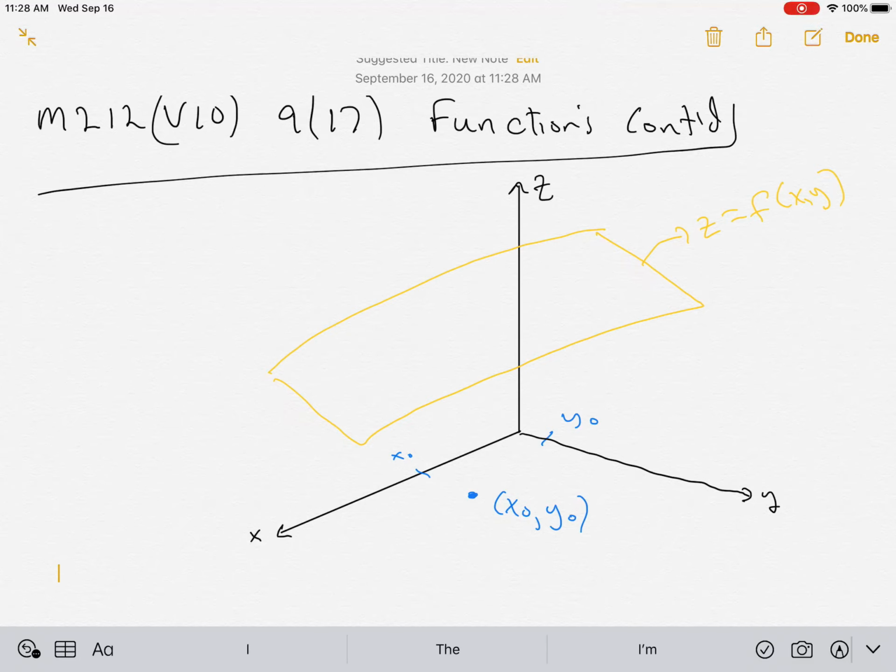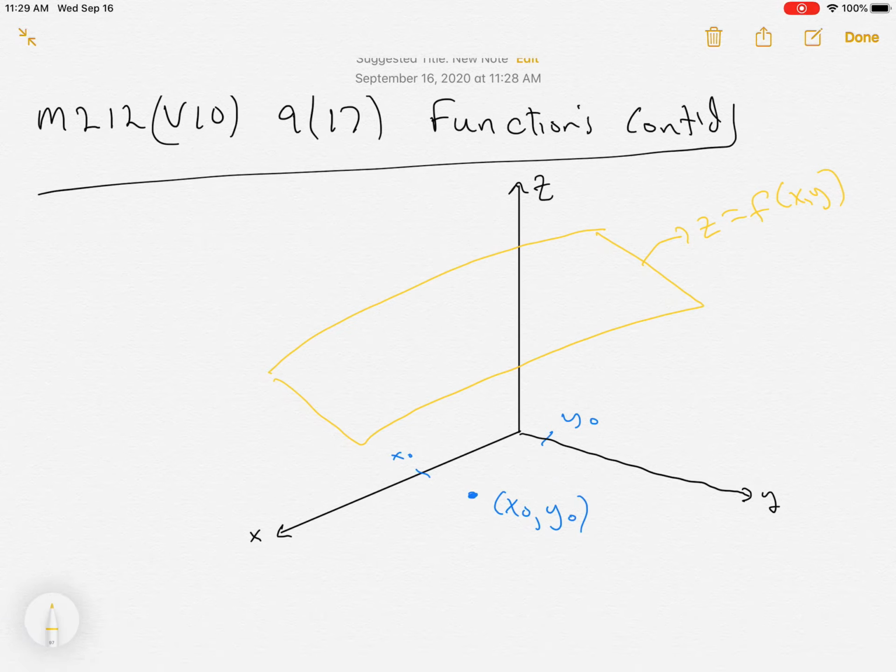Okay, so we're going to carry on with functions in 3-space here and talk more about this partial derivative with respect to x and y. And so this is the picture from the last video here.